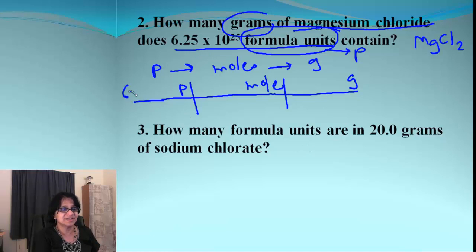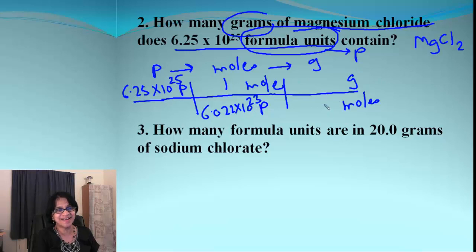Particles given are 6.25 times 10 to the 25th, and then we simply cancel that off. And by this time you know the drill. 1 mole, and when it's particles we use Avogadro's number or magic number, and when it's mass and moles we use the molar mass.